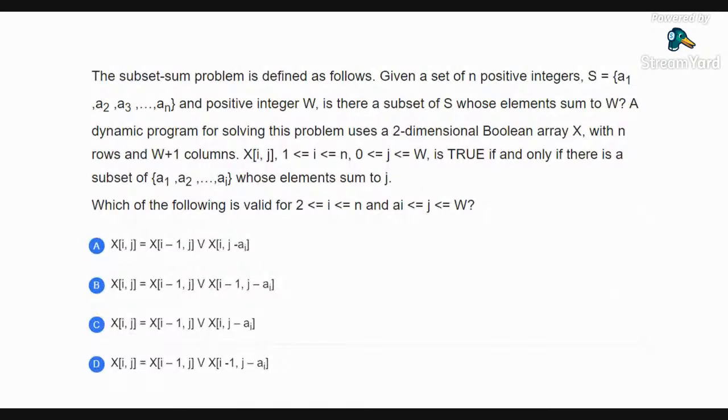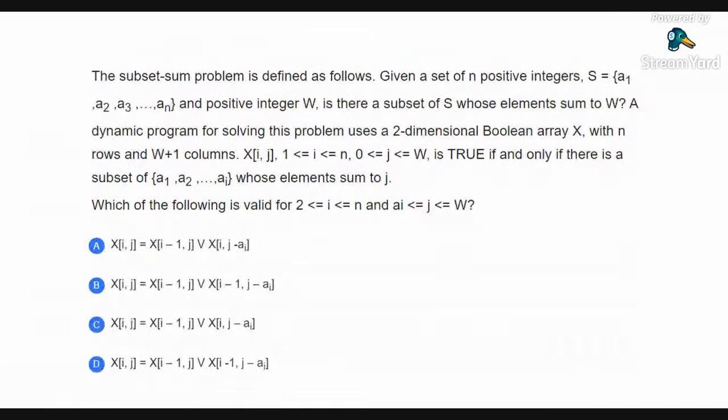Dynamic programming for solving the problem uses a two-dimensional Boolean array X with n rows and w plus 1 columns. X[i][j], where i is ranging from 1 to n and j is ranging from 0 to w. Here we can see that this is nothing but the capacity, which is ranging from 0 to C. And it is true if and only if there is a subset of a1, a2, a3, ..., ai whose elements sum to j. So we have already seen this.